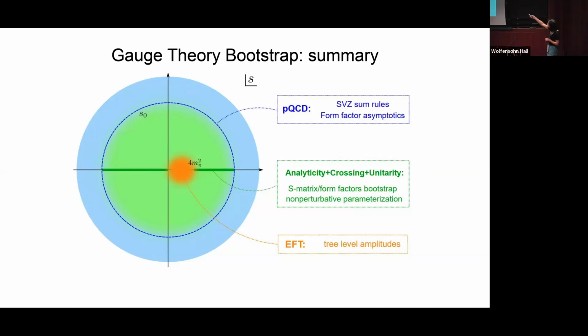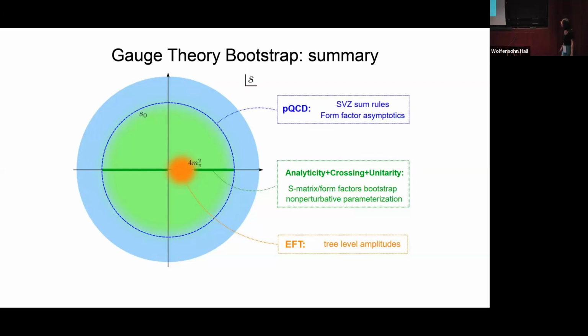And below the two-particle threshold at a very low energy region, we're going to use as input the tree-level amplitude of pions.